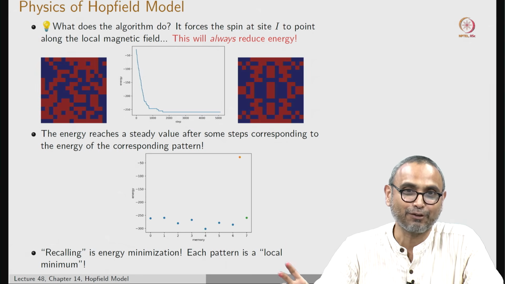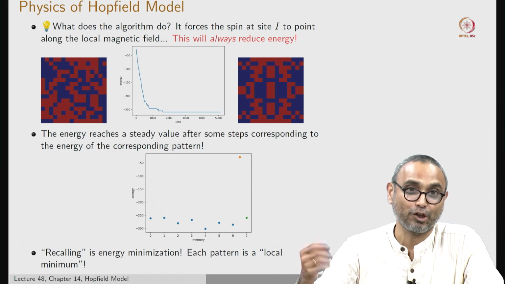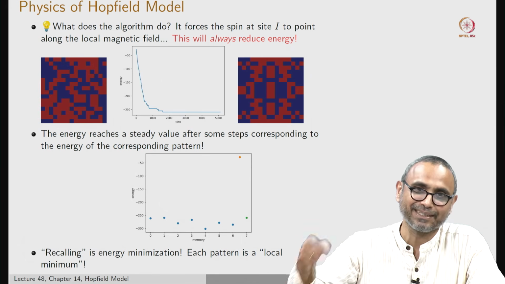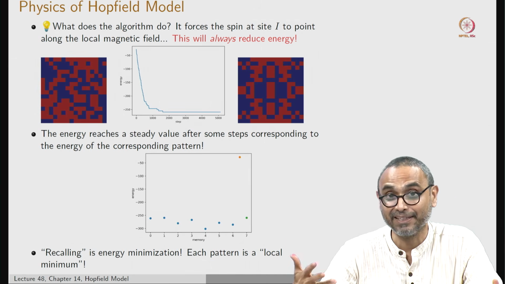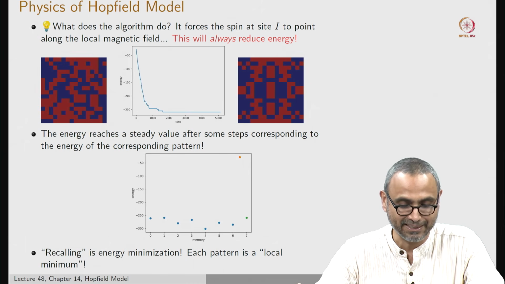You can even think of this like some kind of Monte Carlo thing, where you are not using temperature, you are just going downhill in energy. In Monte Carlo, of course, you are also allowed to go up in energy, and by the way, there are versions of this Hopfield idea which also use a notion of temperature. I will mention that very briefly as we go along.